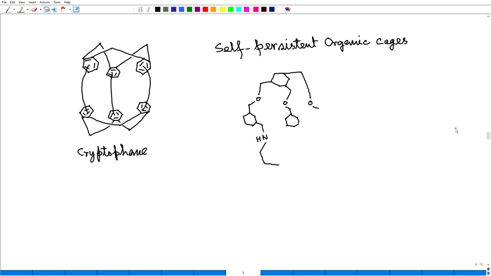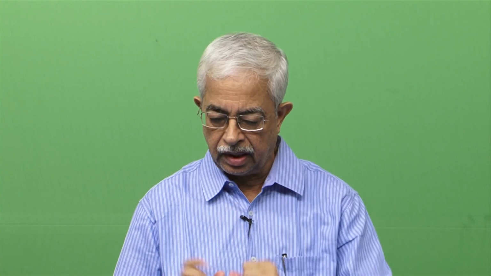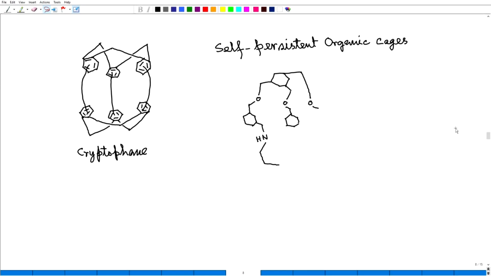Well, I am having some problem in writing this, but tell you what, I will explain it, and then another day I will write these structures. I am having problem writing the aromatic bridgehead. Okay, I will not try anymore. They will fix it, then we will see.